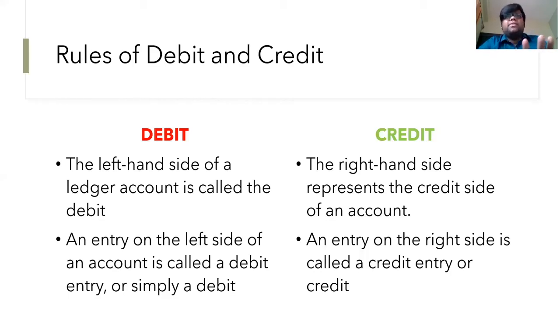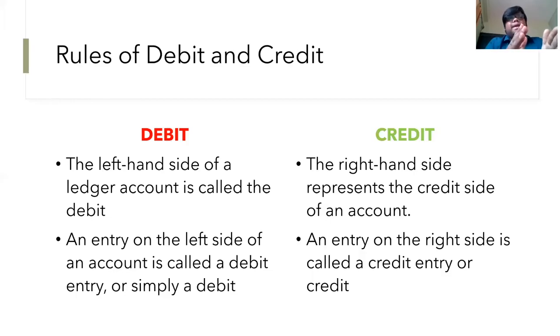Now, let me summarize this for you. For debits and credits, what all things are kept on the debit side and what all things on the credit side. First of all, let me tell you the things that are kept on the debit side. On the debit side, we keep the opening balances of assets.